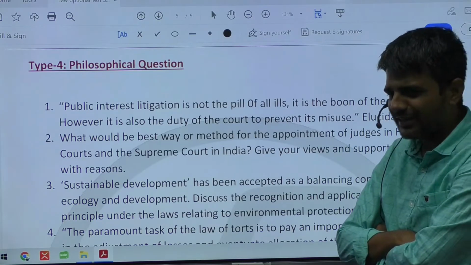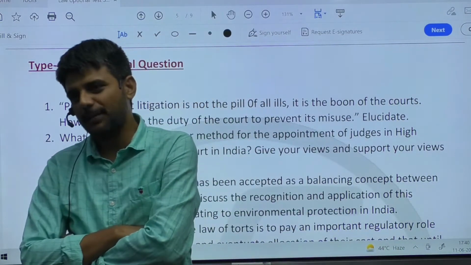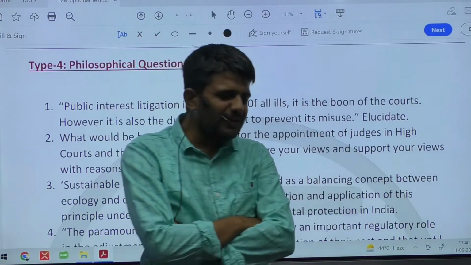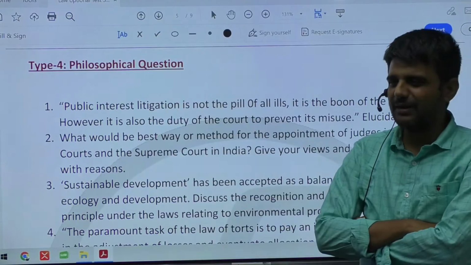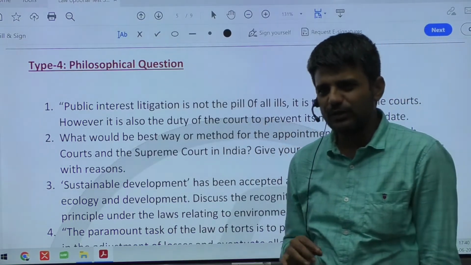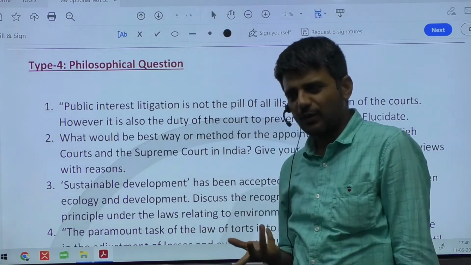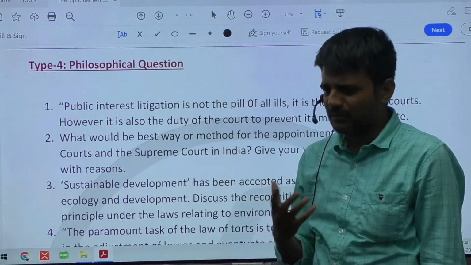What they do actually, they take some good line from the judgment, full stop, and they write comment, elucidate, discuss. Now, I'm not going to go into the nitty-gritty of what is the meaning of comment, discuss, and that doesn't matter. That grammatical variation no one takes care. It is simply stupidity to sort of go into detail and try to frame your answer accordingly. Okay. In general, when the word is discussion, it has more of a positive tone, right?